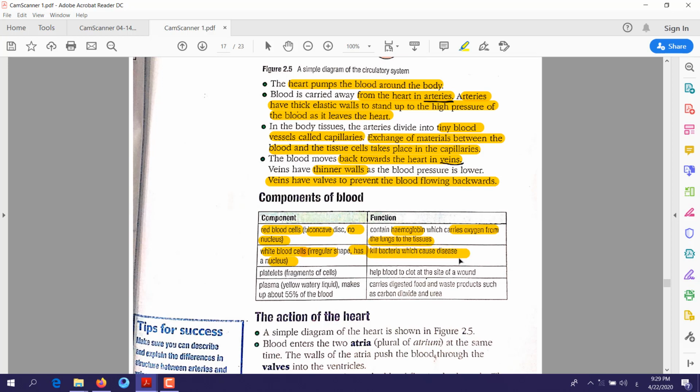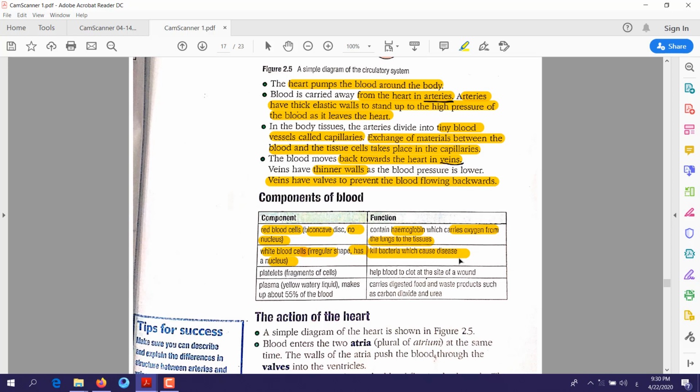Now, if you have a question that says compare between white blood cells and red blood cells, how will you compare them? Firstly, shape. Red blood cells have a concave shape, while white blood cells have an irregular shape. Some of them have a regular shape, but in general they are called irregular.